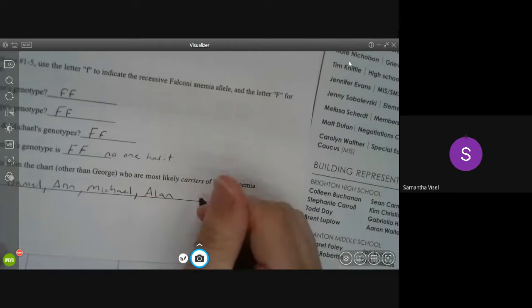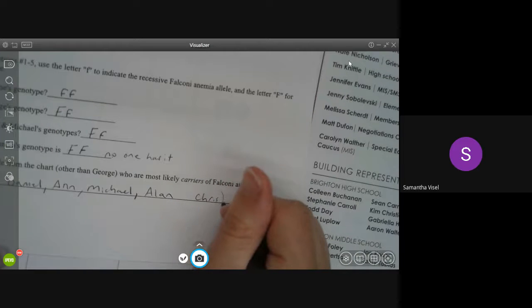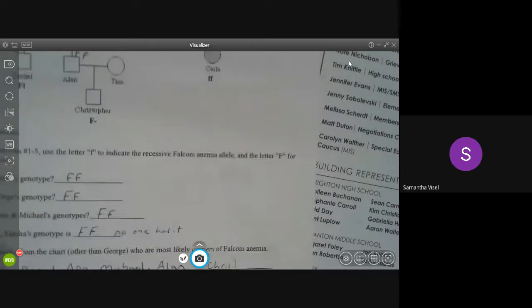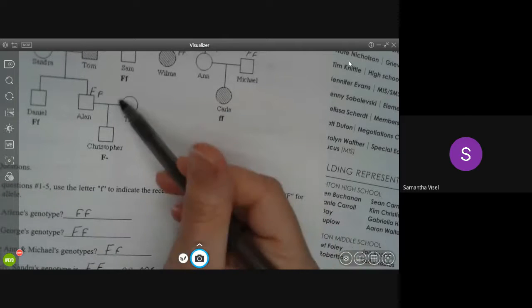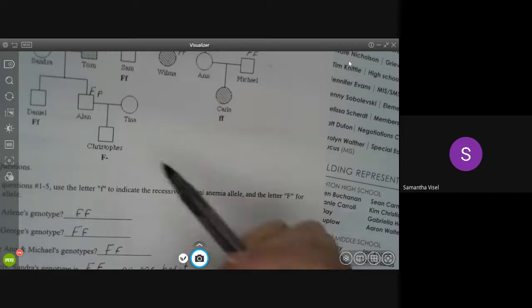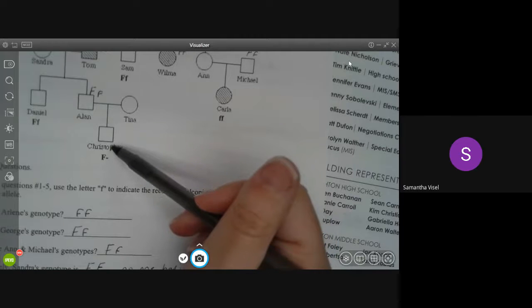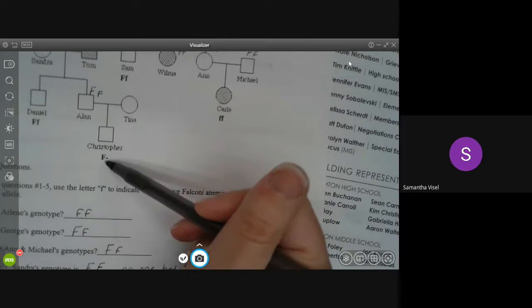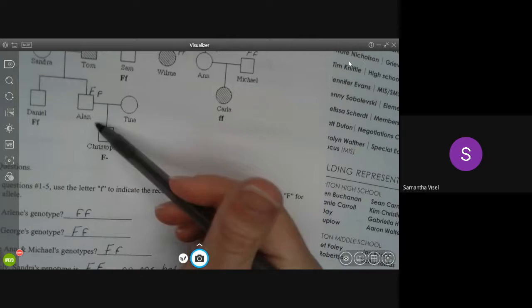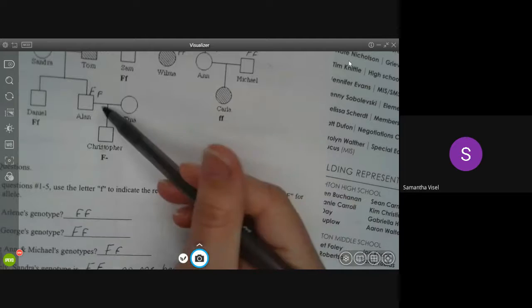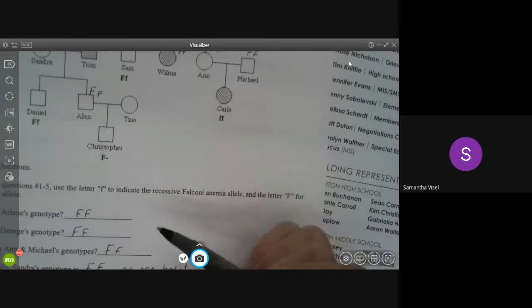And if you have Chris, that's kind of a big maybe. So I wouldn't necessarily throw him down because we don't quite have enough information about Tina. But we do know that he at least has one dominant allele, and that he could inherit that from Alan.